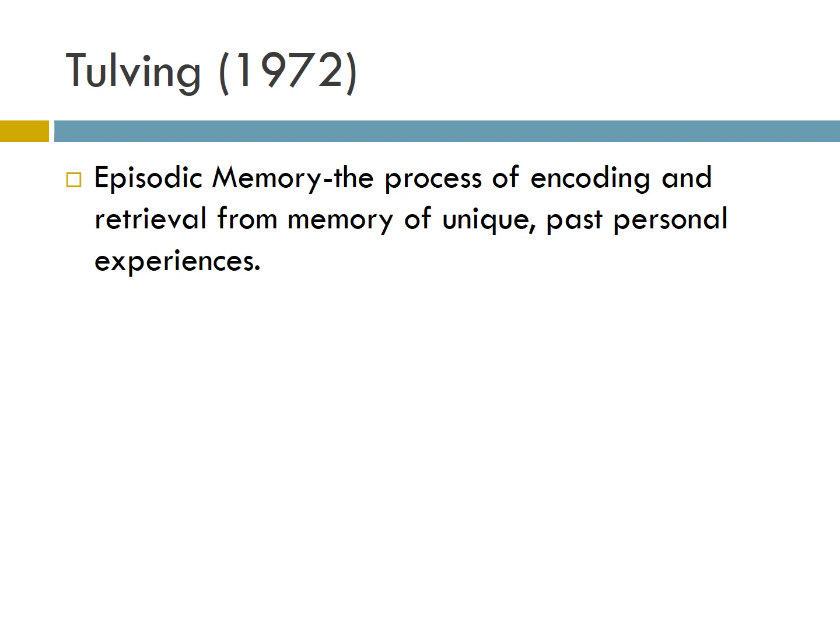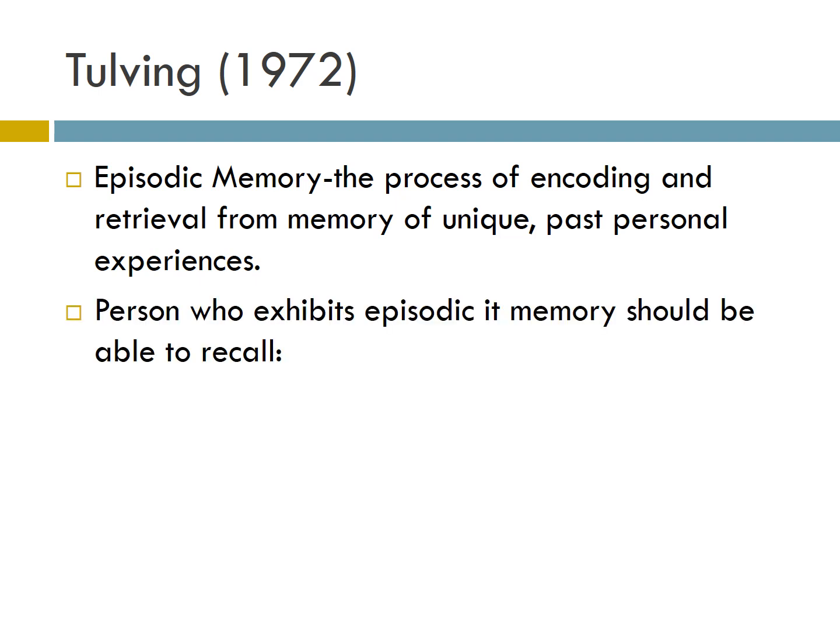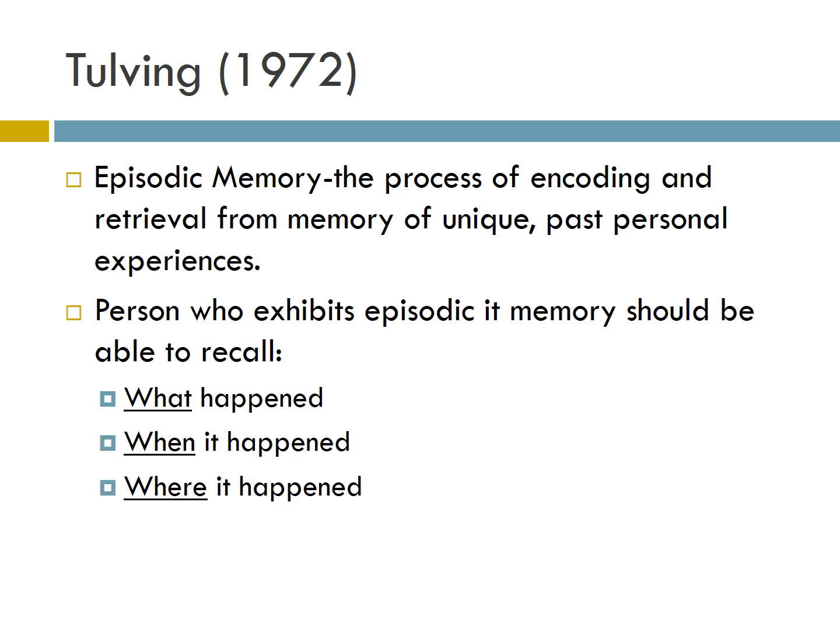Now, please note that the definition is very specific about being past and personal experiences for the individual. More specifically, within Tulving's definition, he proposed that a person who has episodic memory should be able to recall three things. They should be able to recall what happened during the event, when the event happened, and where it happened. So what, when, and where.